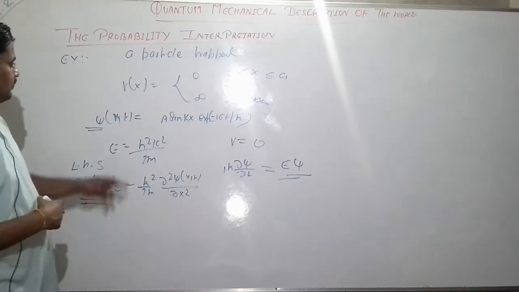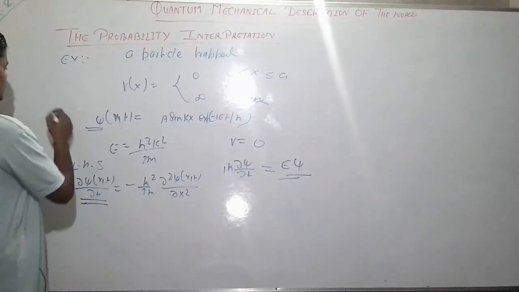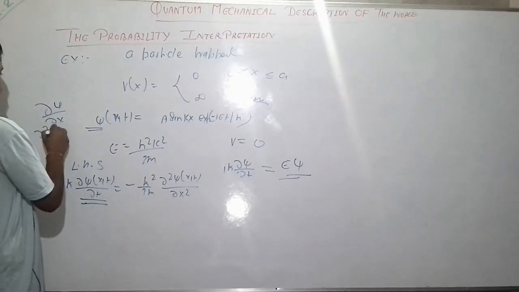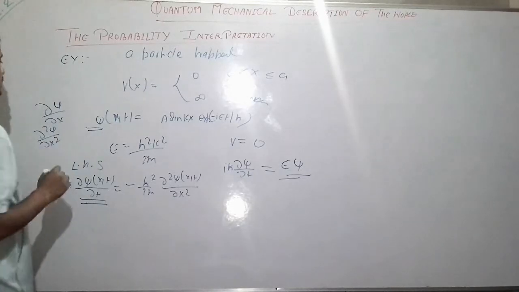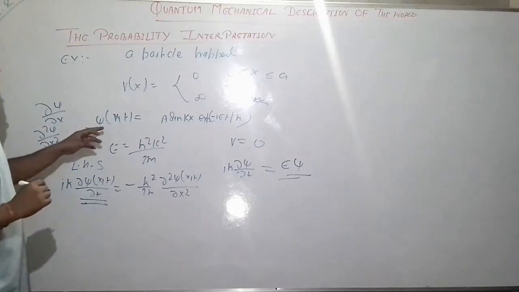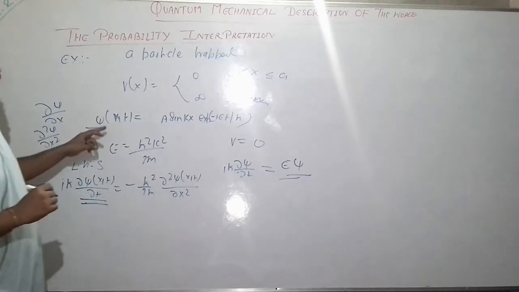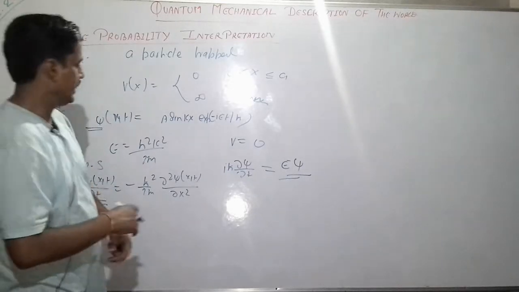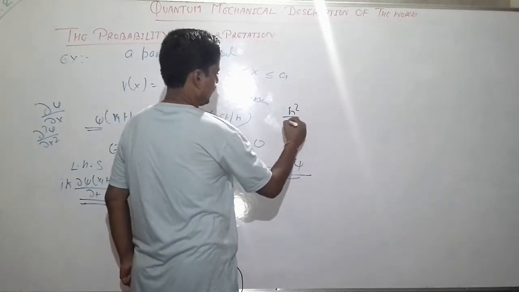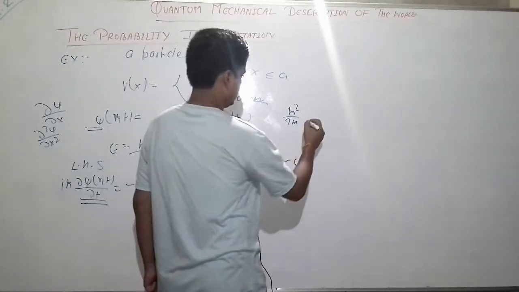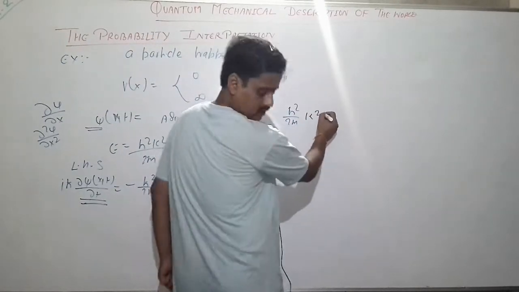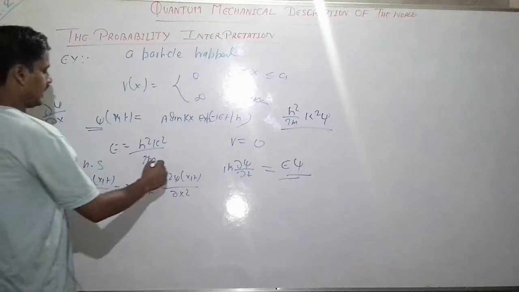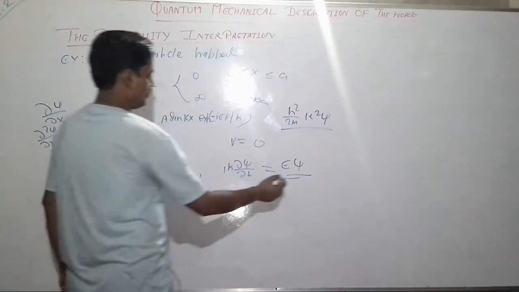Now we differentiate this function with respect to x, and again with respect to x, which means we differentiate psi with respect to x two times. We will get h-bar squared divided by 2m times k squared psi. This is the value for the right hand side.